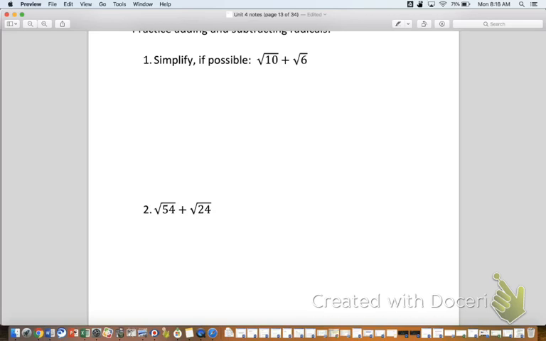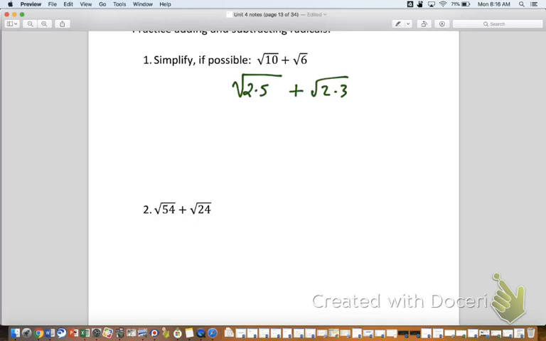Obviously, number 1 at first glance, kind of like number 2, your immediate reaction is probably, those radicals are different, therefore I can't add them, right? But we want to investigate a little further because it could be that they can be simplified and then added. With number 1, you find out that's actually not true because according to your factor tree, 10 is just 2 times 5 and 6 is 2 times 3.